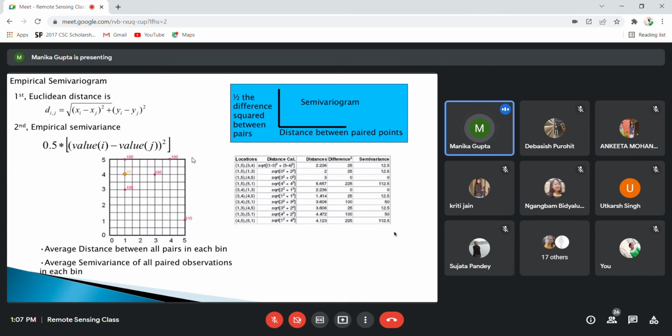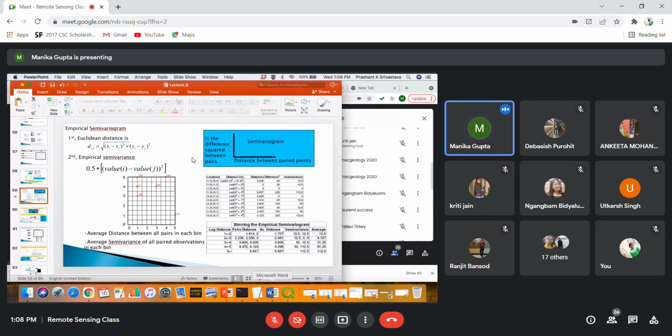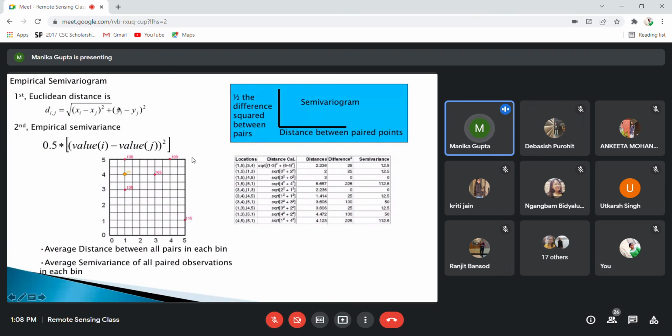Everyone gets this? Are you all able to get these values? बताओ भाई. Ma'am, please repeat. क्या? So what we are doing here is, we have to first make this semi-variogram.